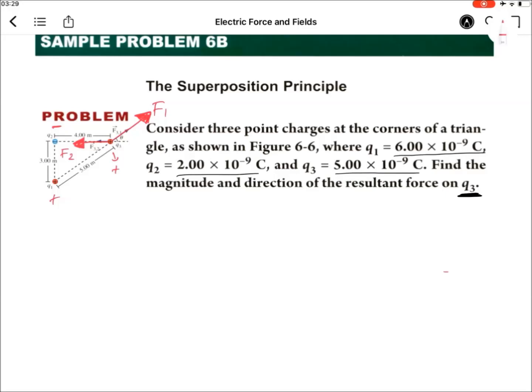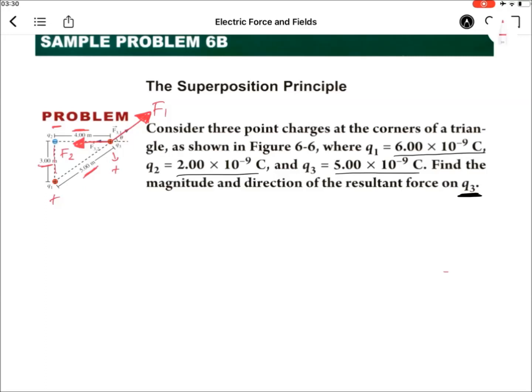First force is of Q1 on Q3. Second force is of Q2 on Q3. And the distance between Q1 and Q2 is 3 meters, between Q2 and Q3 is 4 meters, between Q1 and Q3 is 5 meters. So we will calculate them individually, F1 and F2, then we will add them to each other to find the resultant force.